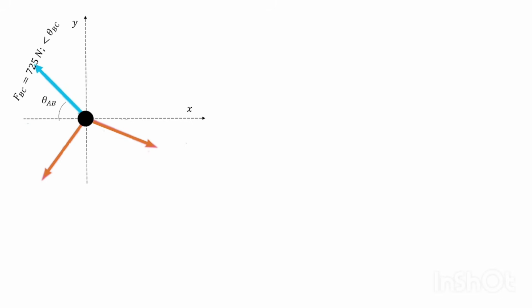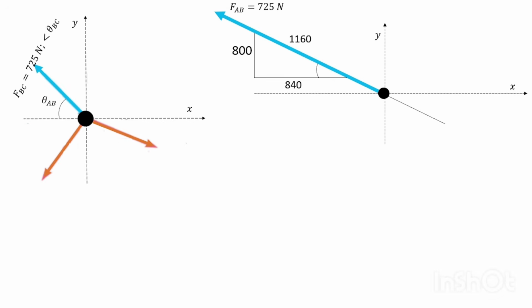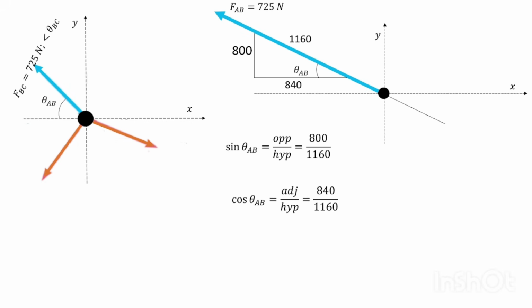So basically, we are working with this force, which is 725 newtons. To estimate the angle it's making with the x-axis, we just need to remember our equation. Sin theta AB is opposite over hypotenuse. For this case, it's 800 over 1160. Then we can also find our cos theta to be 840 over 1160 by dividing the adjacent over hypotenuse.